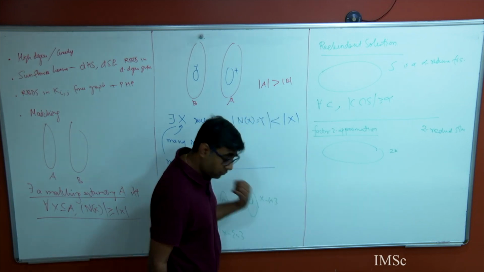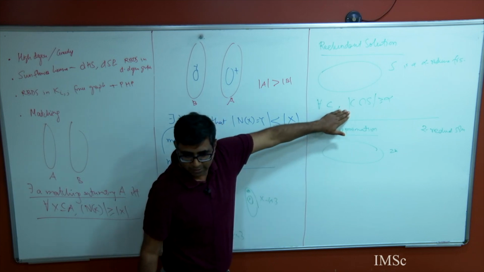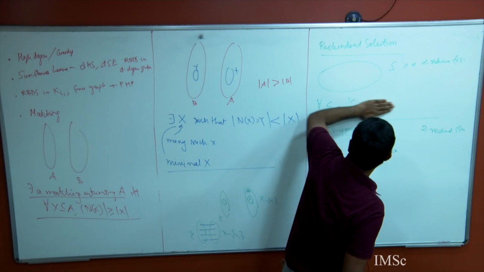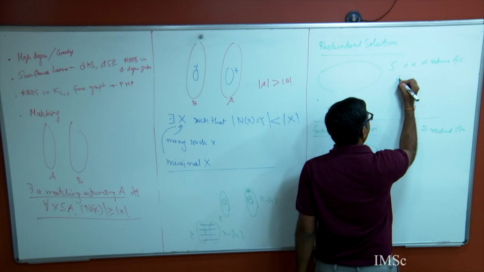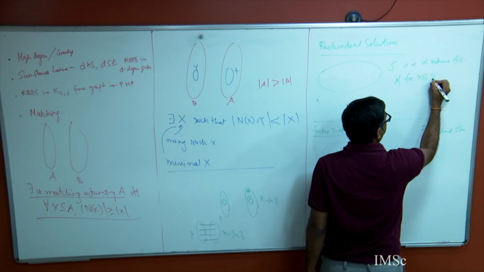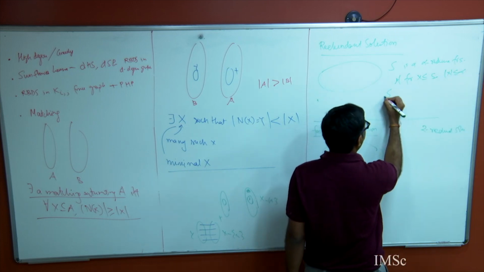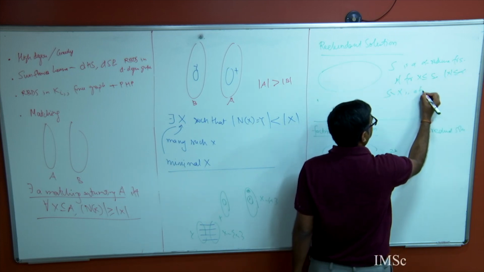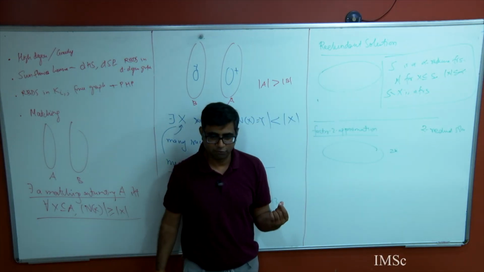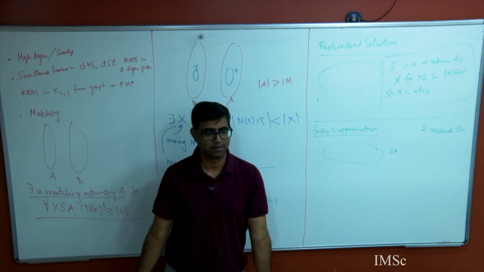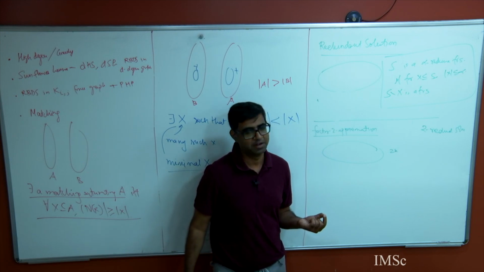Now the other way of looking at this is: S is an alpha redundant FVS if for all X subset of S with size of X at most alpha, S minus X is an FVS. I think this is a better definition. Even if I delete some alpha vertices from this, it still remains a feedback vertex set.